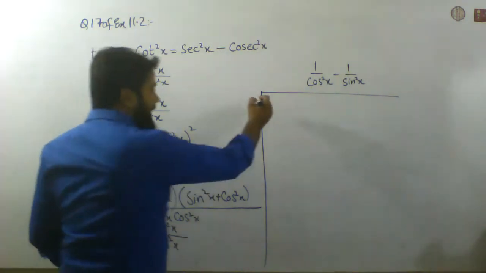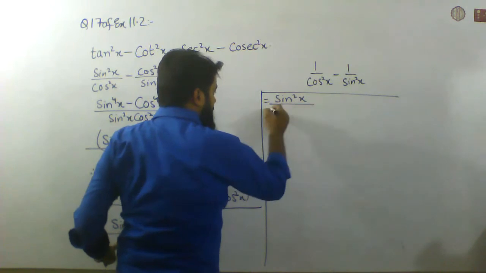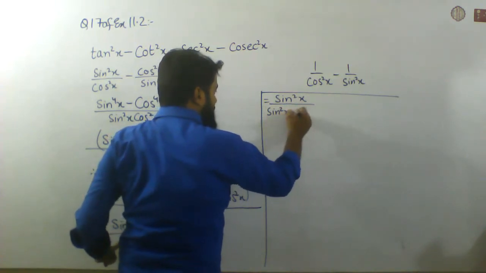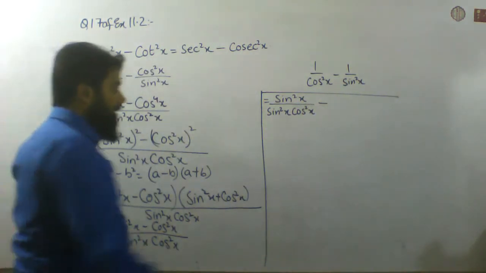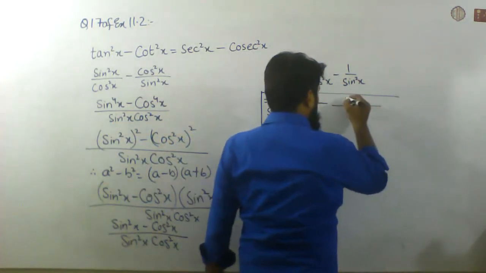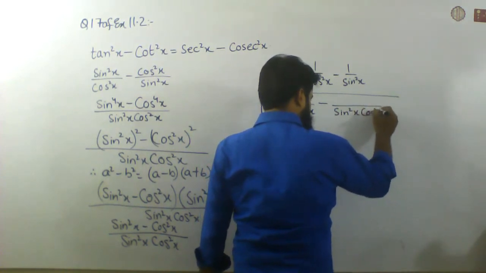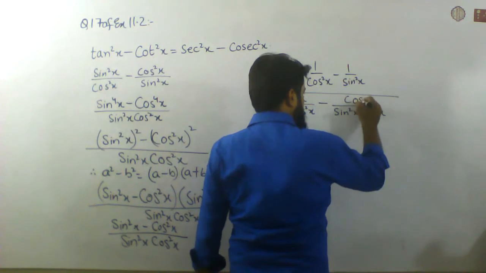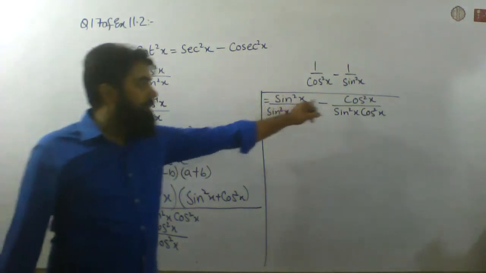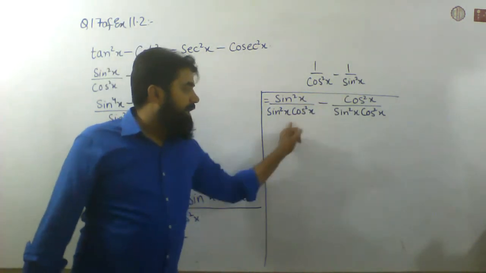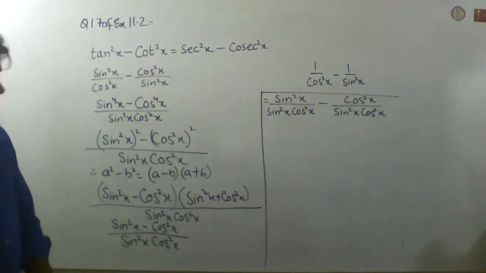I will write it as sin square x upon sin square x cos square x minus cos square x upon sin square x cos square x. These two I have written in separate fractions, and the denominator which was over here is written under both of them.